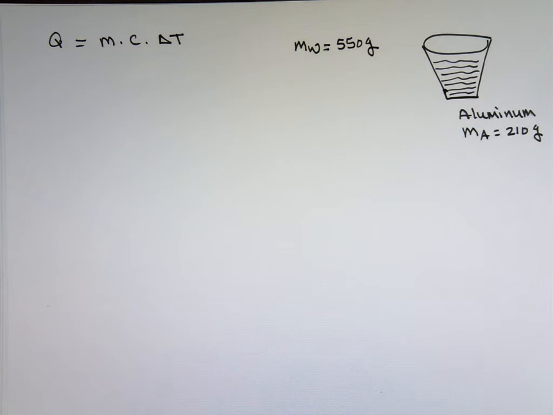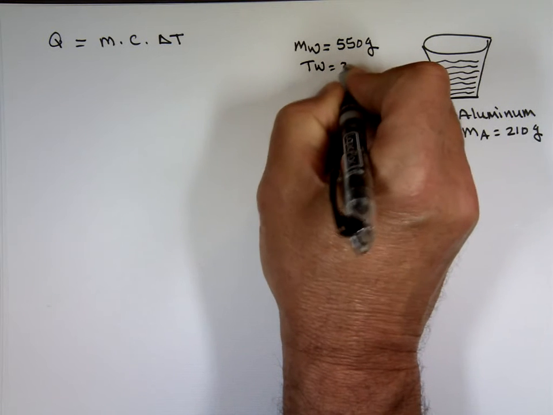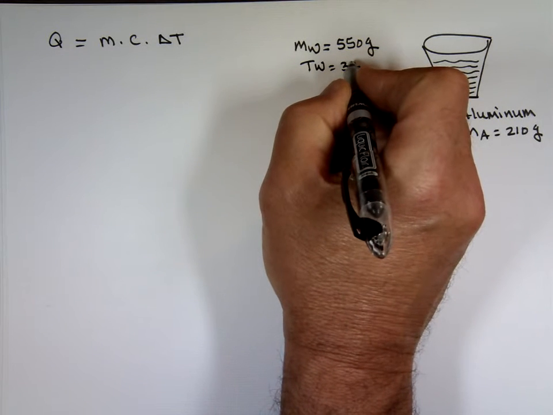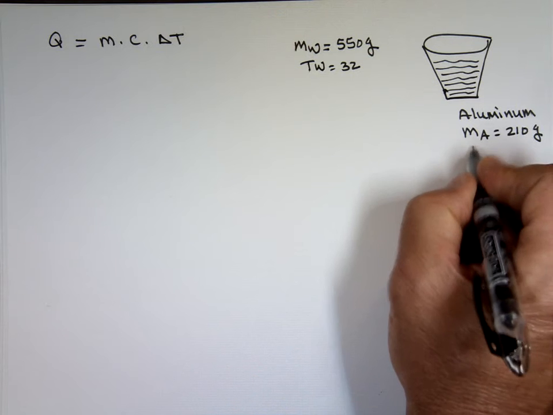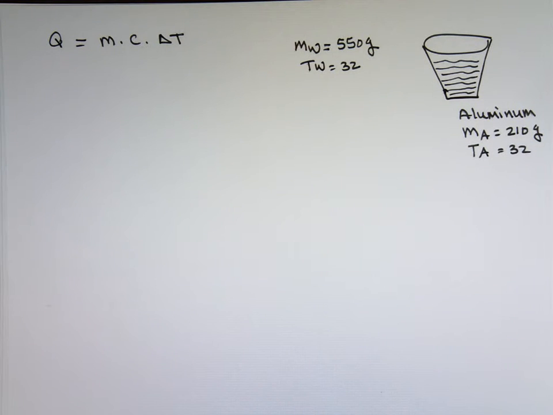They've been sitting there for a while, so the container and the water have the same temperature. The temperature of the water is 32 degrees Celsius. The temperature of that aluminum is also 32 Celsius, because they've been sitting there for a while. Notice we use these styrofoam cups here because they're good insulators.